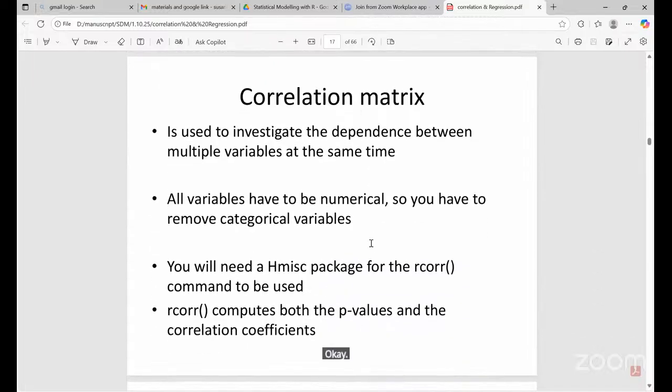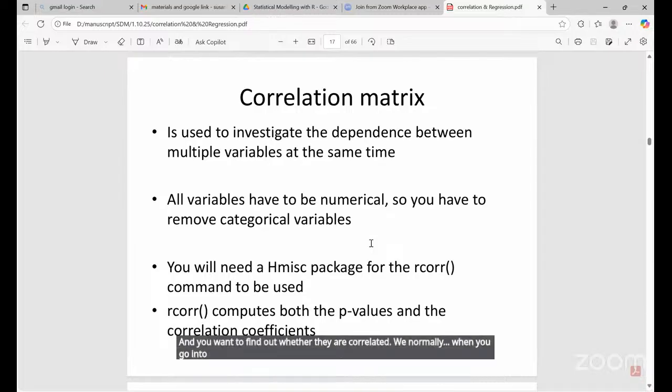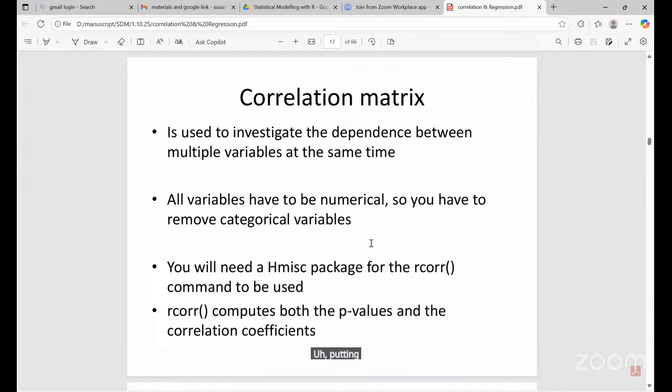Sometimes you have many variables, for example 5 or 6, and you want to find out whether they are correlated. When you go into R, you put all the continuous variables in a file and ask for their correlation. You get a correlation matrix, which shows the dependence between multiple variables at the same time.